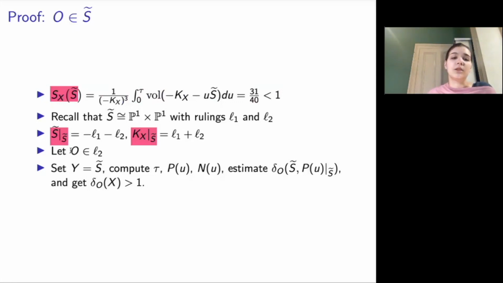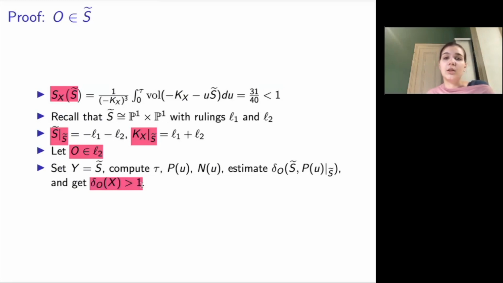Then we can just assume that our point O belongs to one of the rulings, and we can compute the pseudo-effective threshold as a Zariski decomposition, and then we can estimate the local delta invariant similarly as we did before, and the computations will give us that the global delta invariant is just greater than 1.